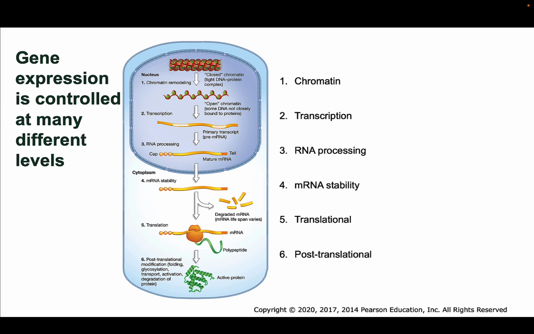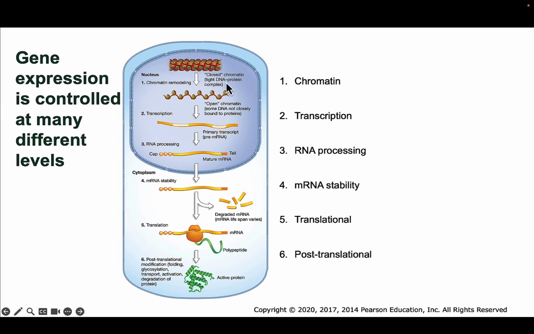So one of the new ways in which eukaryotic cells can regulate gene expression is by controlling how tightly DNA is wound, okay? So recall that DNA is wound around these proteins that are called histones, and it's wound very tightly around histones. And when DNA is wound really tightly around histones, it's not accessible to RNA polymerase.